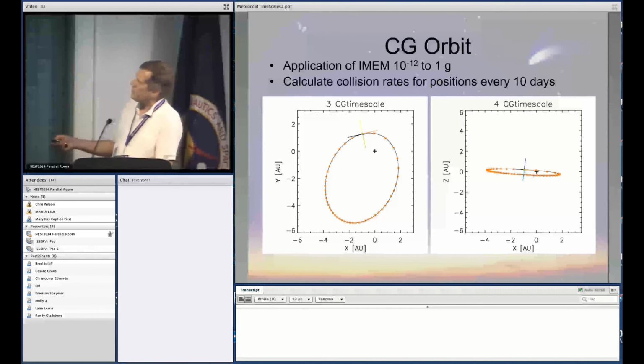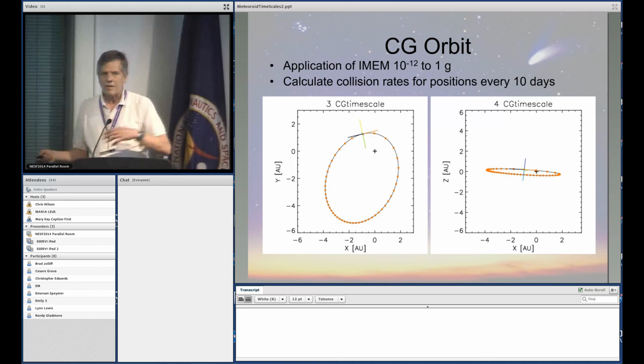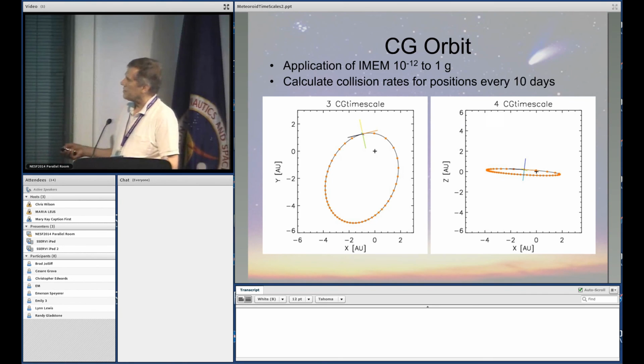And now, for various positions along the orbit, we calculate for various directions, the RAM direction, anti-RAM direction, port, starboard, north and south directions, the flux of colliding meteoroids which are smaller than the meteoroid we are looking at.